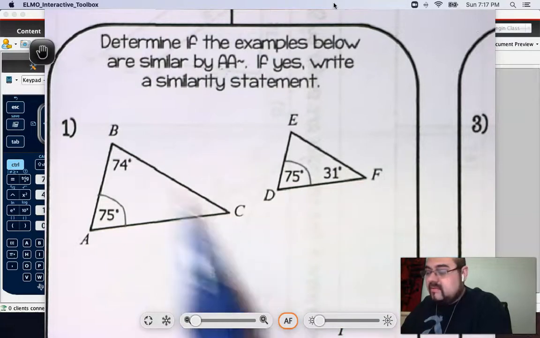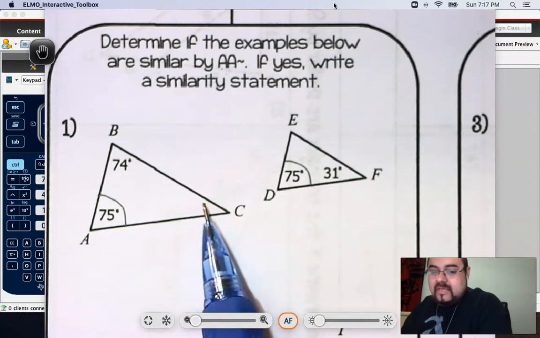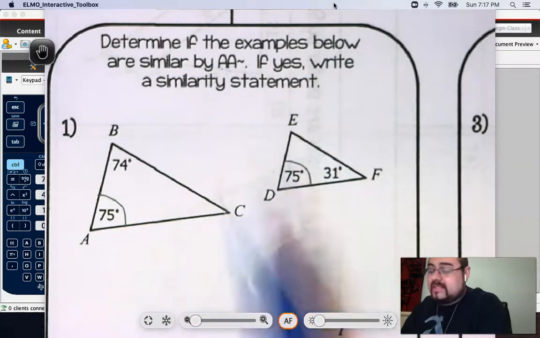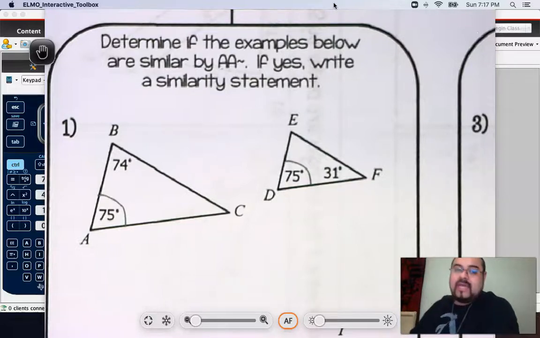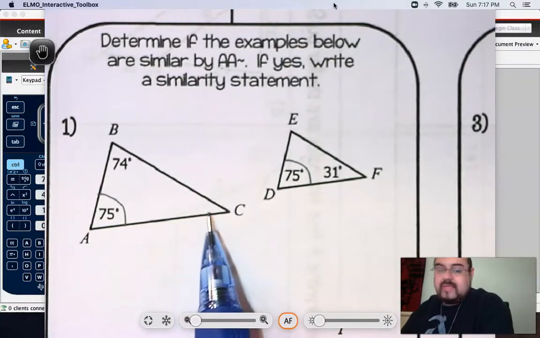That means we're going to have to see if we can figure out this angle or this angle. And that's easy because we know that if we have two angles of the three angles, we can add them up, subtract them from 180, and we can find the third remaining angle.